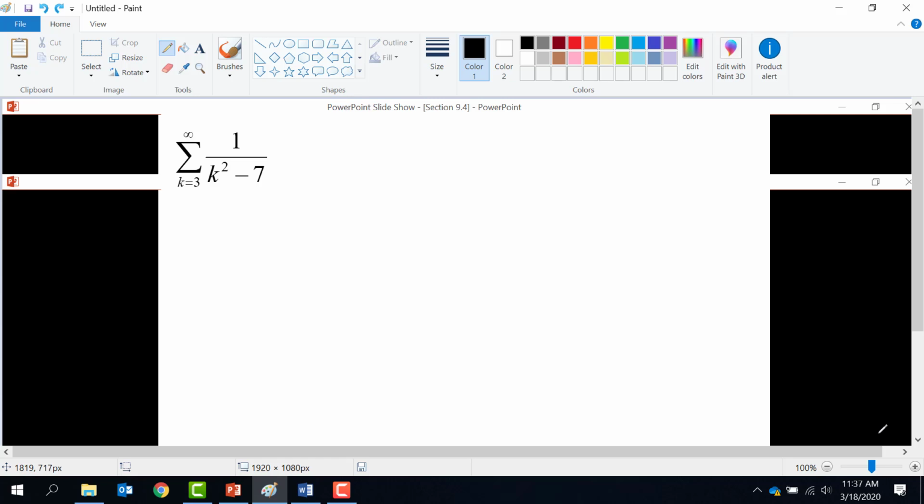Okay, so you need to be careful because the test is sometimes inconclusive. Right here, it is very clear that k squared minus 7 is less than k squared because we're subtracting 7. So when I flip it, I get 1 over k squared minus 7 is bigger than 1 over k squared.